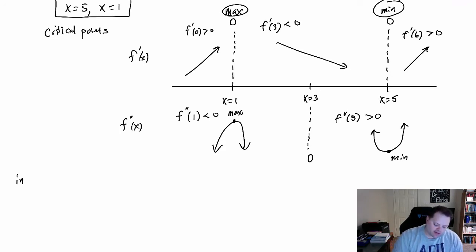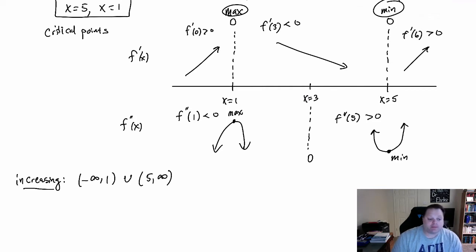So where is the graph increasing? Well, the graph is increasing from negative infinity up to 1, and then again from 5 to infinity. The function is decreasing from 1 to 5.